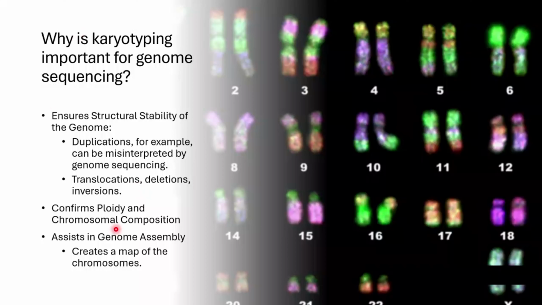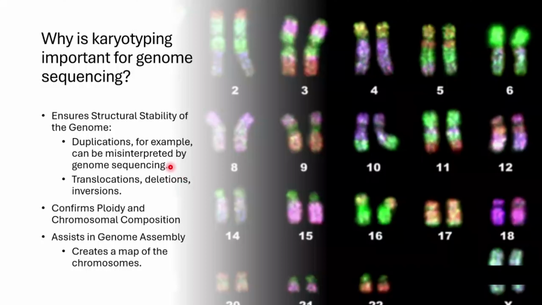The Human Genome Project, for example, took DNA from multiple different ethnicities, multiple groups around the world, and sequenced them. So if you have deletions in one particular group but not the other, how will you know where that sequence goes? You need to karyotype it to know that in that chromosome, for me, it's not there, but for you, it's there.